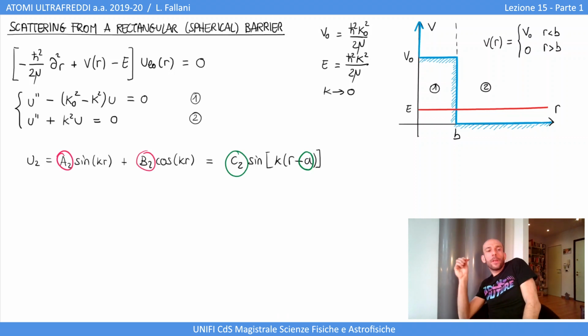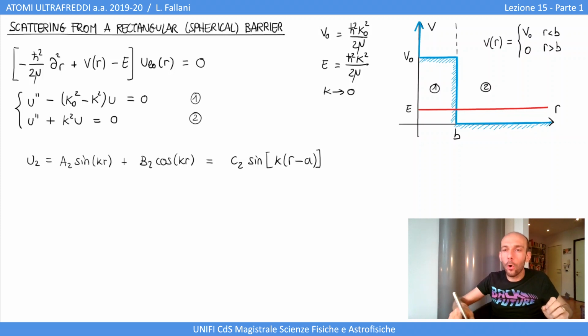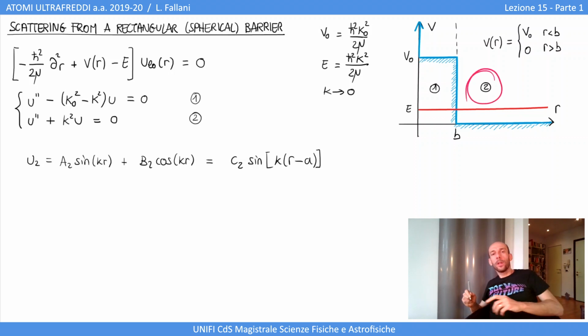And I've written this solution in this last form, and in particular I've chosen the symbol a for the quantity inside the argument of the sine, because you can now recognize that writing the solution u2, that is the solution that also holds for large distances, so it is the solution in the allowed region, this way of course makes a direct connection with the meaning of a scattering length.